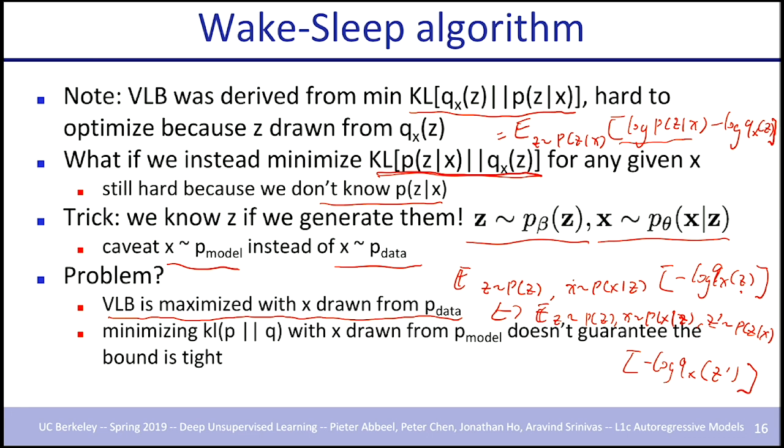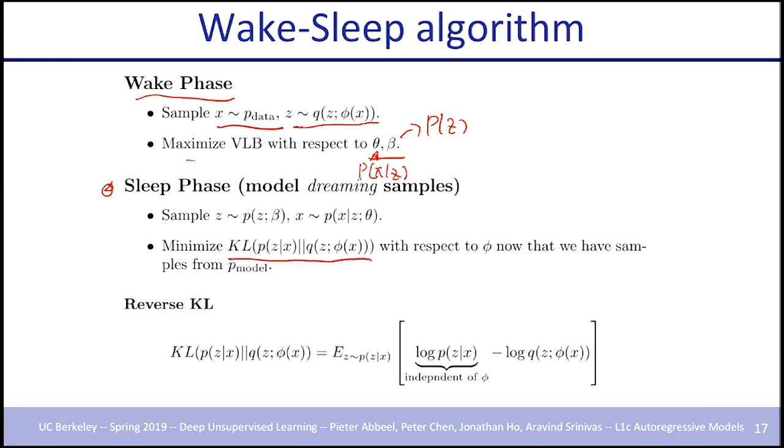So for the function that's living inside, these two expressions would be identical. So basically, you just draw z, and then you draw x, and then you try to fit your posterior model to whatever z it was. So pretty simple algorithm. And that's how you do it.